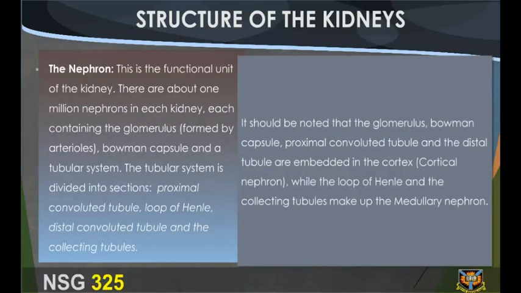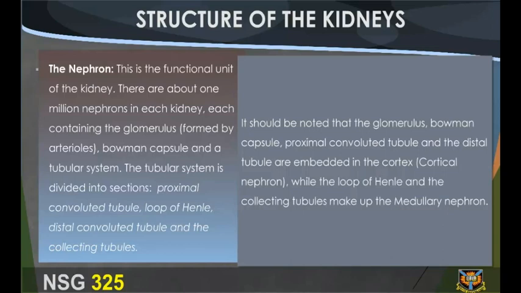The nephron. This is the functional unit of the kidney. There are about 1 million nephrons in each kidney, each containing the glomerulus formed by the arterioles, Bowman capsule, and the tubular system. The tubular system is divided into sections: proximal convoluted tubule, loop of Henle, distal convoluted tubule, and the collecting tubules.